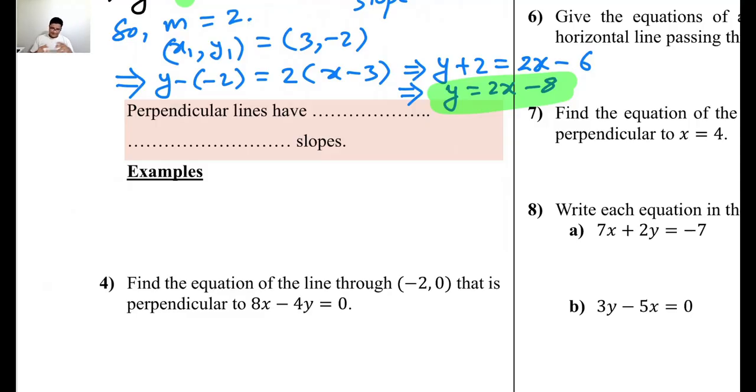Similarly, if lines are perpendicular, a very interesting relation happens. The slopes will be negative reciprocals.